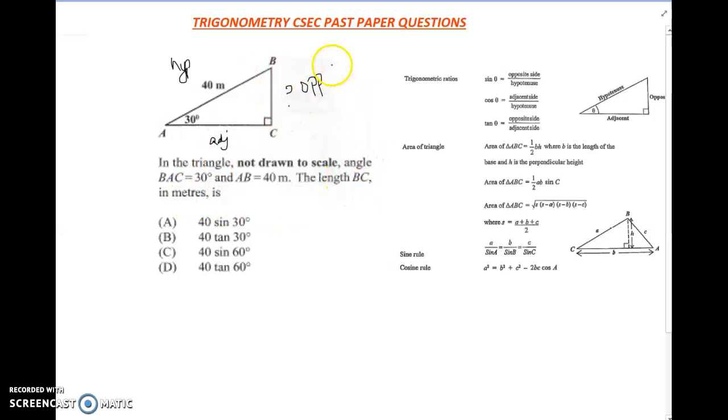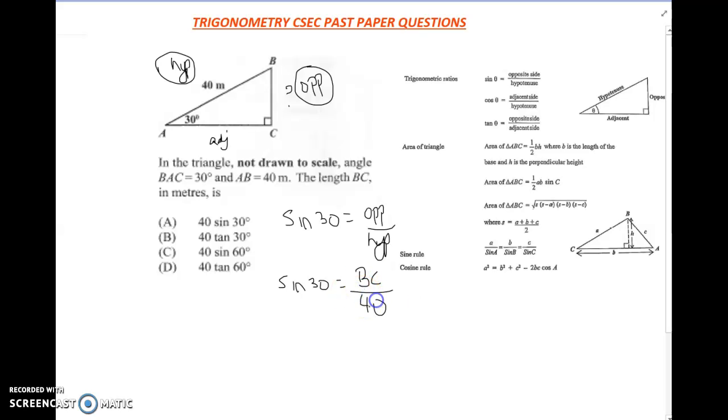So which rule uses opposite and hypotenuse? Opposite and hypotenuse uses sine. So sine of the given angle 30 is opposite over hypotenuse. So sine 30 is equal to the opposite, BC, over the hypotenuse, which is 40. Again, we want to find out what BC is.